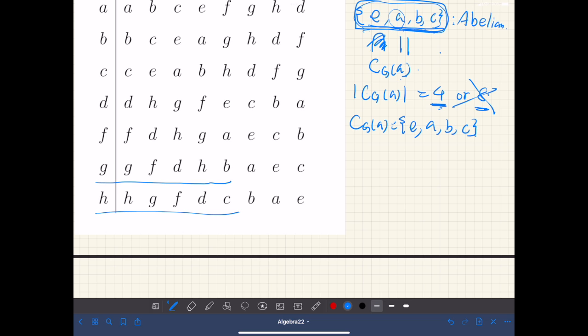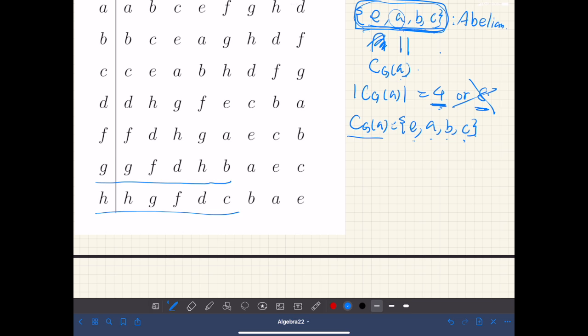And next we consider all the cosets of this subgroup. The cosets with each of these elements within the centralizer of A itself are closed because it's a subgroup.